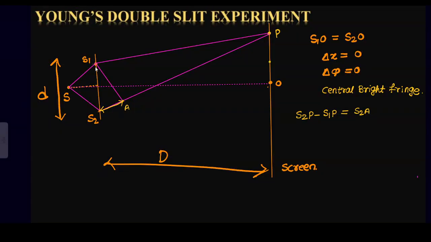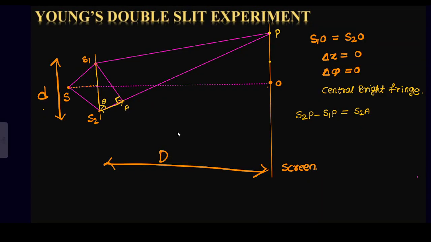And so we have seen now from here to here, this distance we have taken as small d. Now here, we are calling this angle theta. So this is 90 degrees.